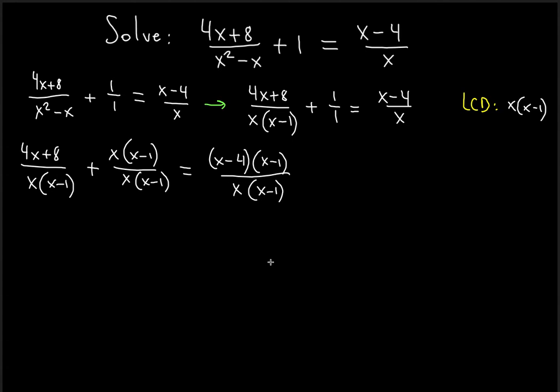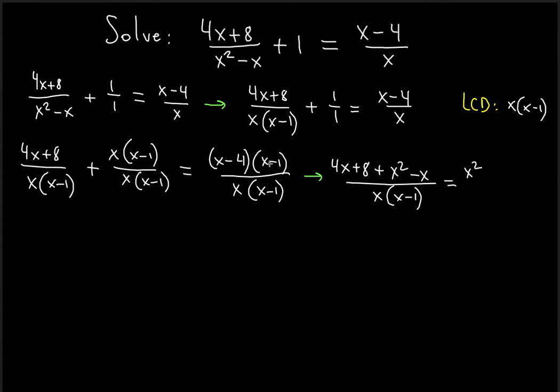Okay. So now that we have the same denominators, what this leads to is that we can combine the numerators of the fractions on the left side. So what it's going to give us is 4x plus 8 plus, and we can distribute this, x times x is x squared, and then minus x over x minus 1 is equal to, and we can play around with this using the FOIL method.